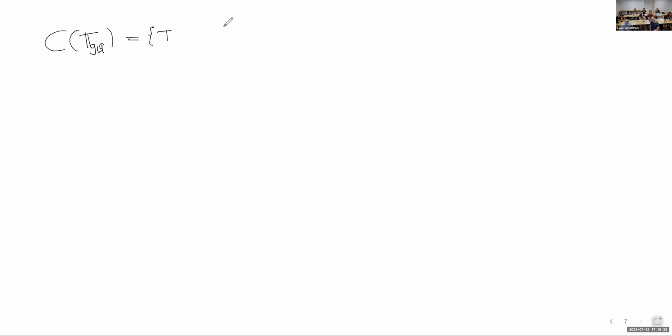Fredholm operators, such that, and this boundary condition, let me just write it like this, wedge product. We remember that we had these curves and this is the inverse orientation.